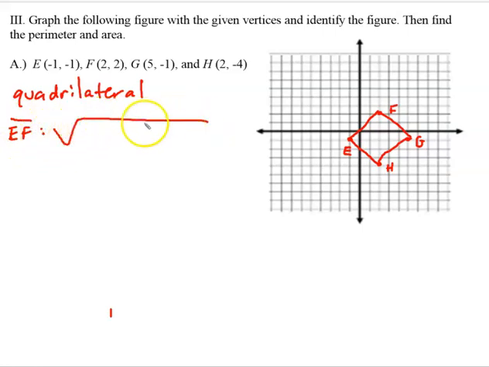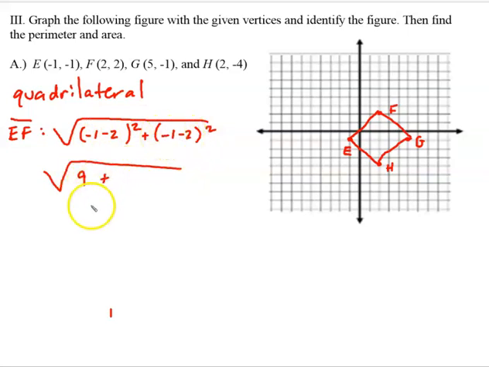Our distance formula is the difference between the x's squared. So -1 minus 2 added to the difference between the y's squared, same thing. So this is going to be -3 squared, which is 9. Same thing here.